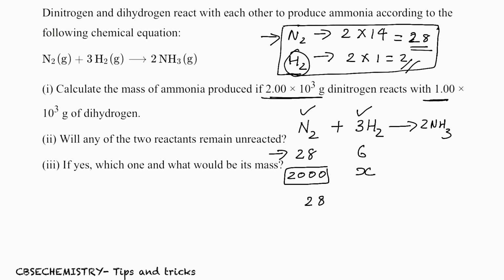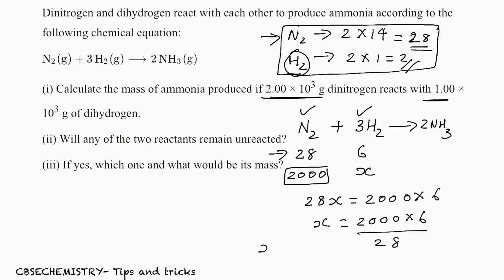So 28X will be equal to 2000 into 6. So X will be equal to 2000 into 6 by 28. On calculating, you will get X as 428.5.